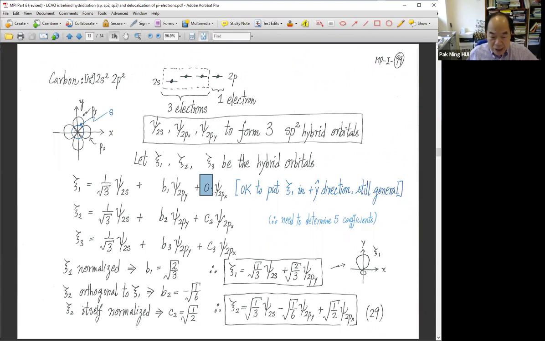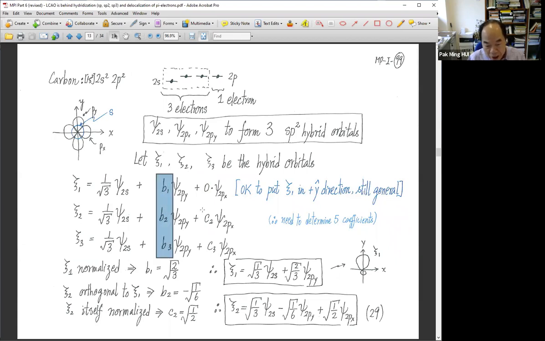So I emphasize that this analysis up to here is not a special case. Well, it is special in the sense that one of them is aligned in Z. But nonetheless, at the end, you can rotate all this thing arbitrarily. So I do that. Therefore, I have 5 remaining coefficients to solve.